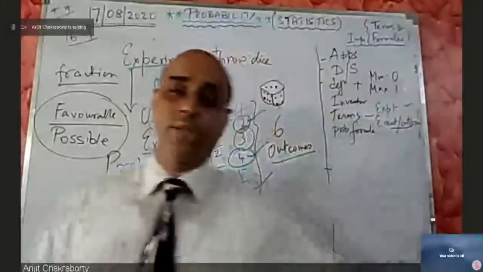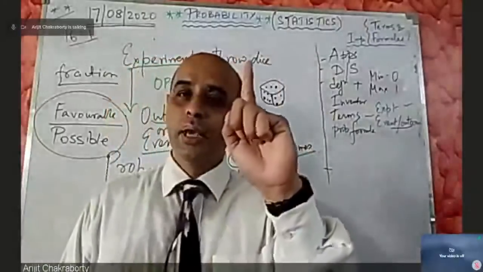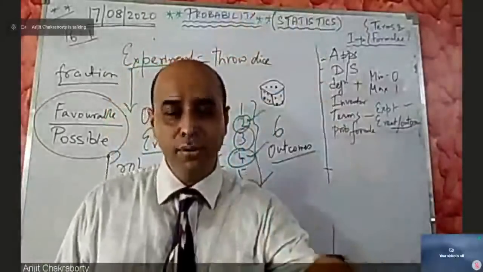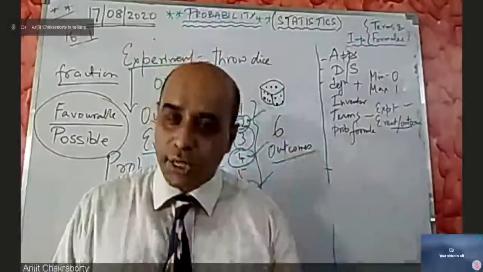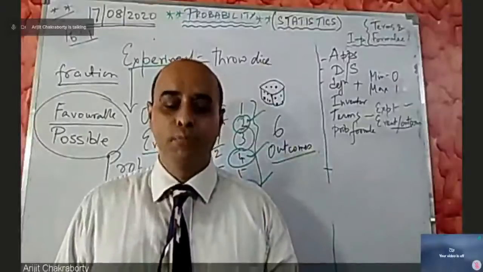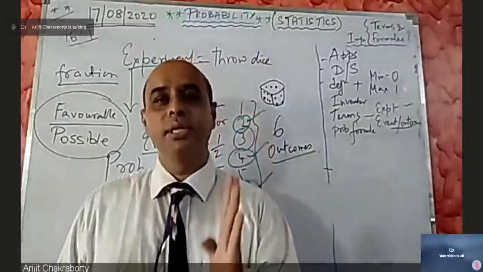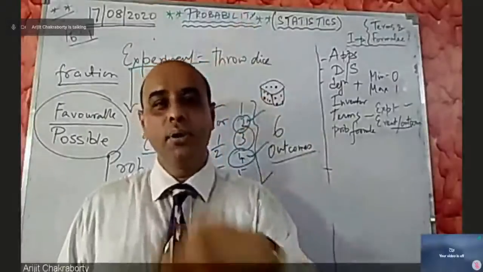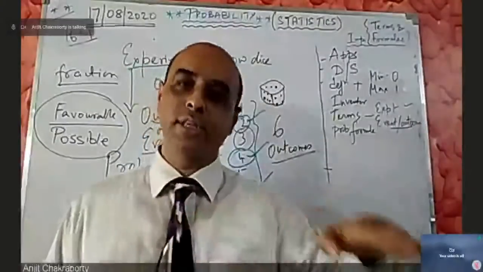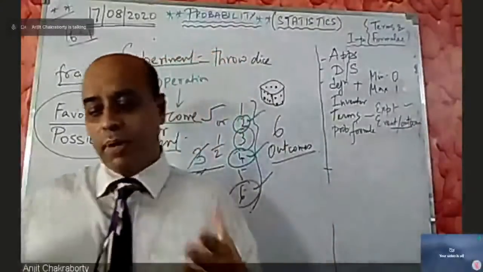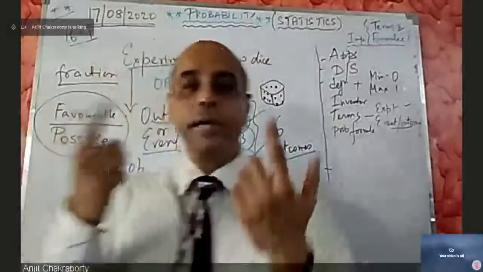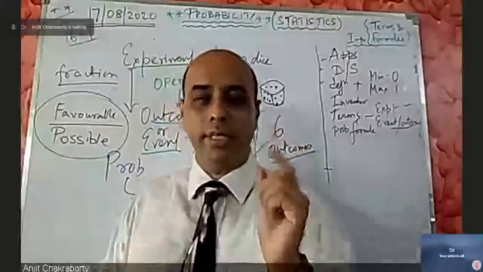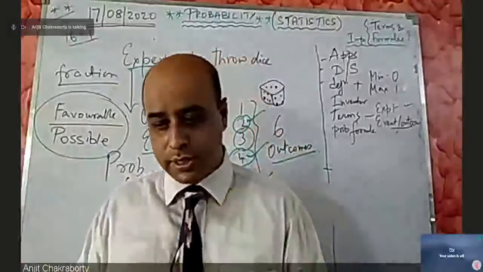Either after buying, the share price will go up, or the share price will come down, or the share price will be static. So when you buy a share, 3 outcomes. Either it goes up, or it comes down, or the price remains the same. So inspecting a light bulb, going for a swab test for COVID, these are experiments.